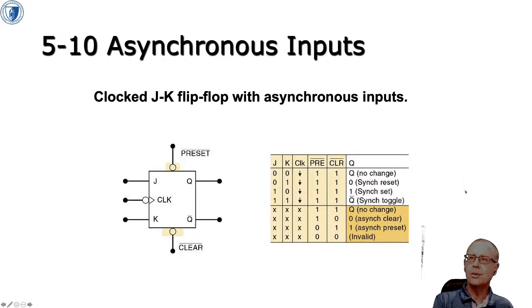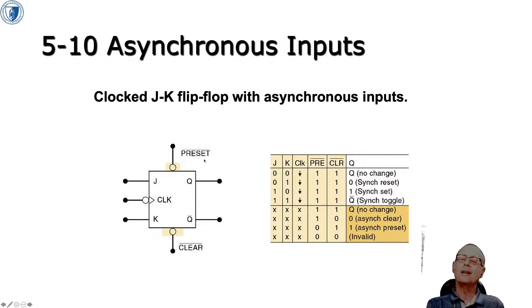And really that first line in the second half of the table is the same as this one, right? It's just saying, well, I don't know whether I agree with having that line in there, right? Because just because preset and clear are 1.